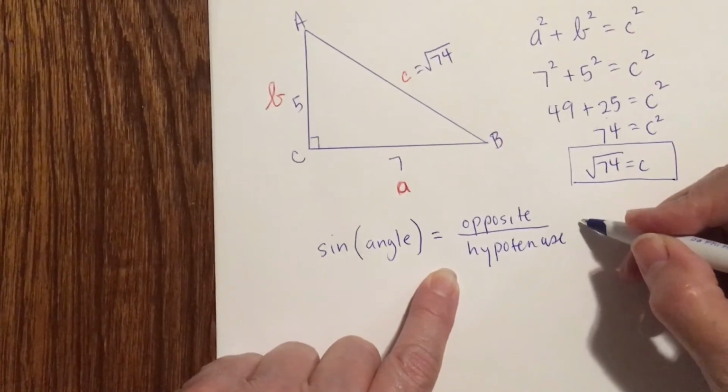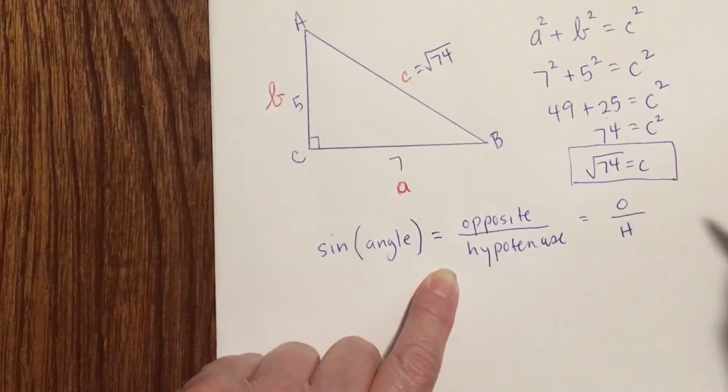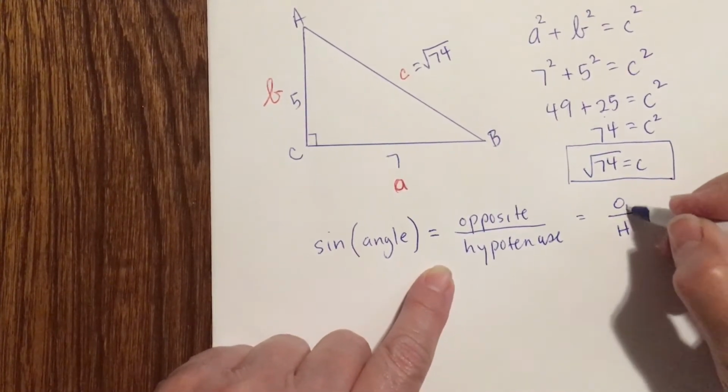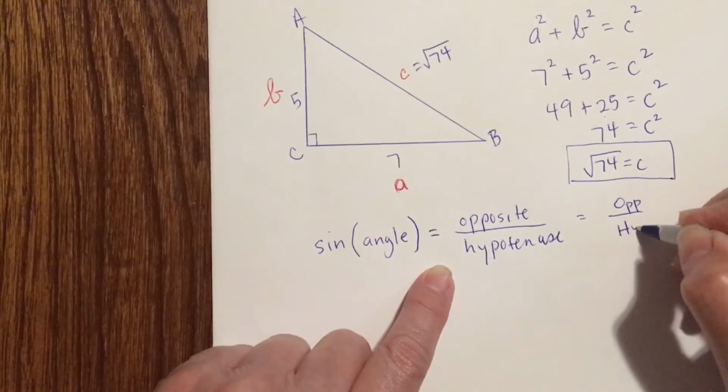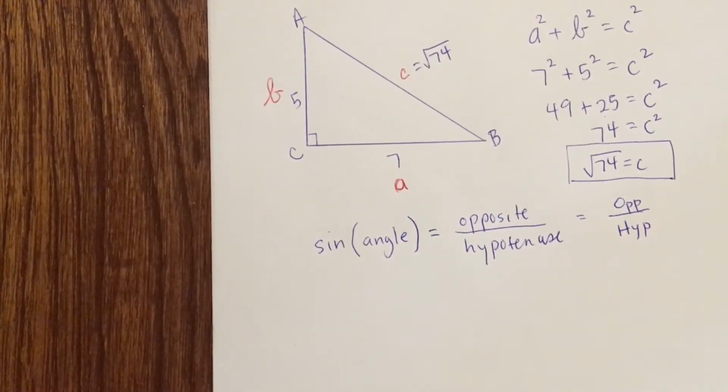I could abbreviate that O over H. Now that's not 0, that is the letter O. Maybe I want to write OPP, HYP, so that I don't confuse that opposite with the number 0.